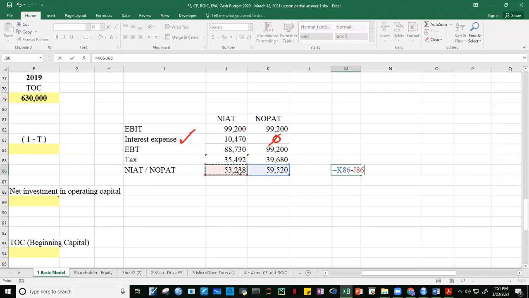The difference is 6,282. Wait, I thought the interest expense was 10,470. Why is the difference between NIAT and NOPAT not 10,470? The interest expense is 10,470. We did not include this 10,470, but if you look at the bottom line, NOPAT is only 6,282 larger.